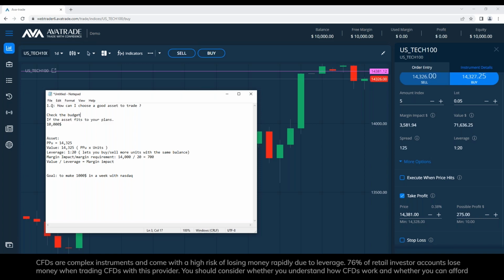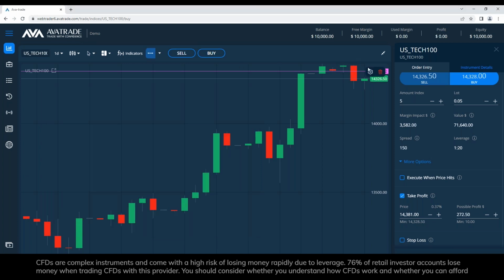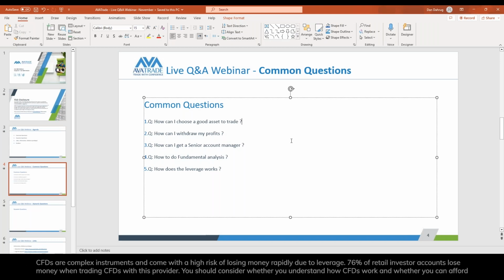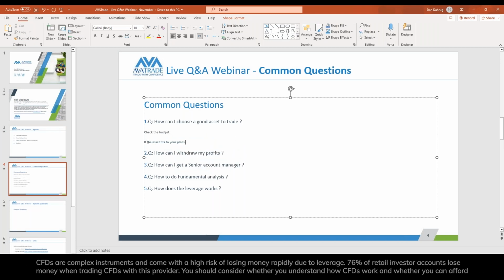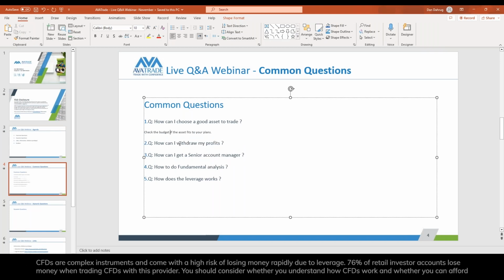If it's in the budget and it fits your plans, so it's a good beginning. I can't say if it's good or not, but at least those checks can indicate if it's possible or not, right? That's the answer.